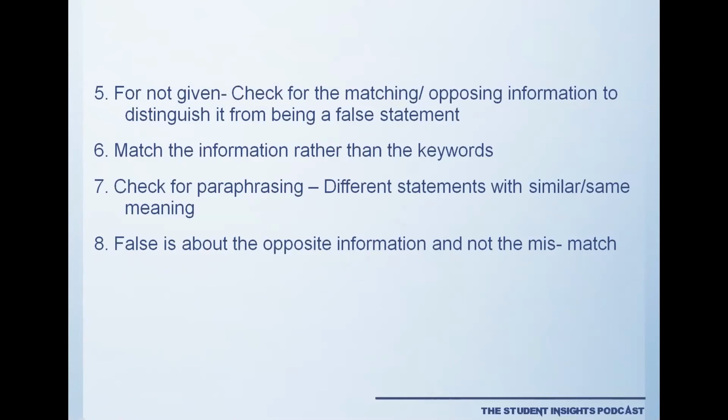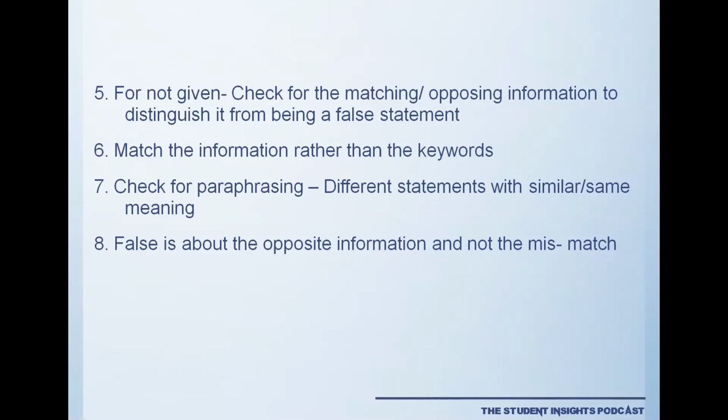Look out for the slight changes in the use of words. Again, if you have very good vocabulary, you could actually very quickly find out about the kind of synonym being used over here, because they might end up using another word for the one that's given in the passage and use a different one in the question. So please again be very aware of the kind of word being used, and then create the opposite statement to check if the information is false, because false basically means that the statement is actually not true.